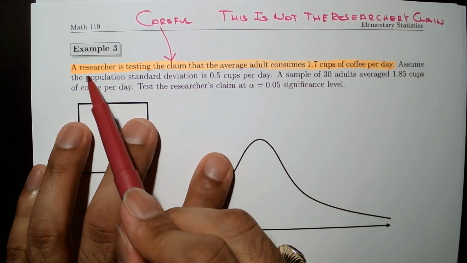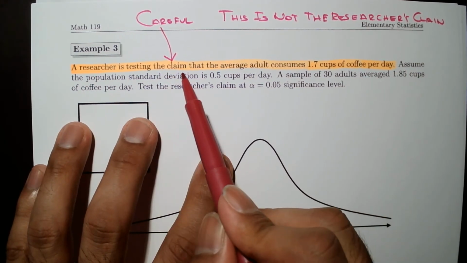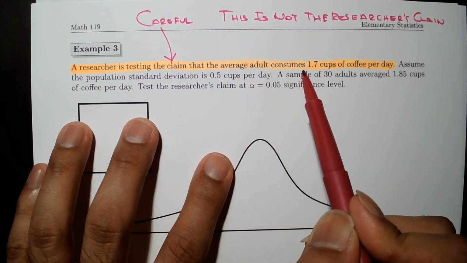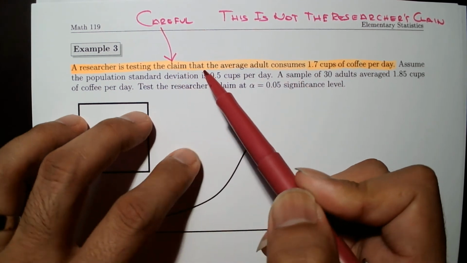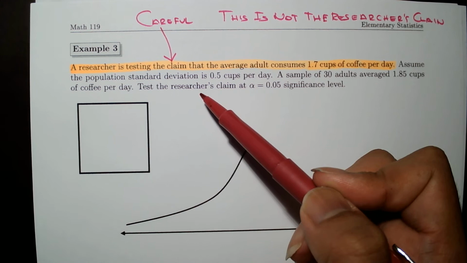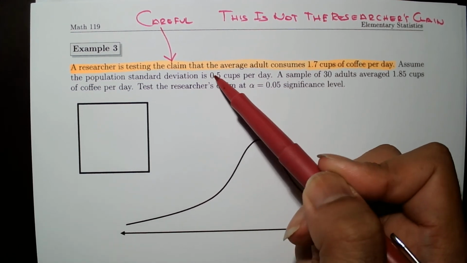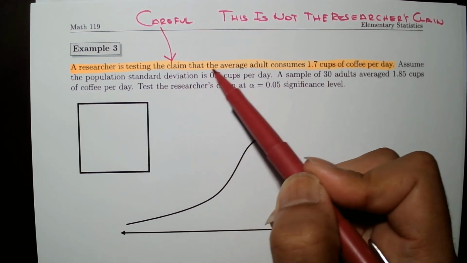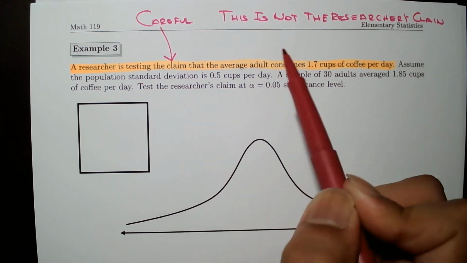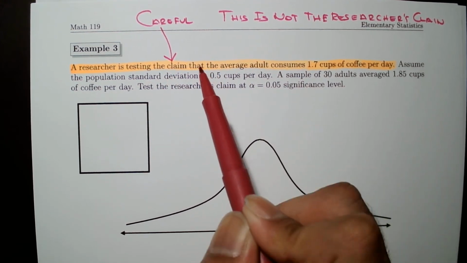Here, the researcher is not claiming that the adult consumes. They're telling us that the researcher is testing someone else's claim. Be very careful when reading this type of sentence.